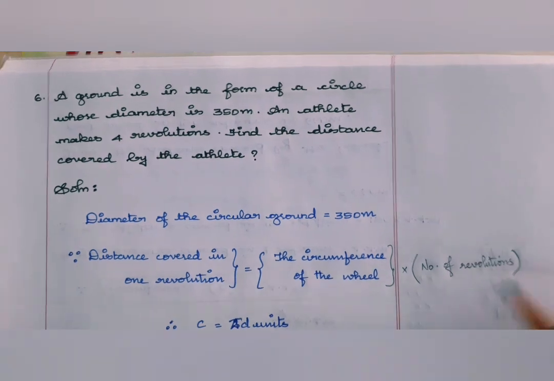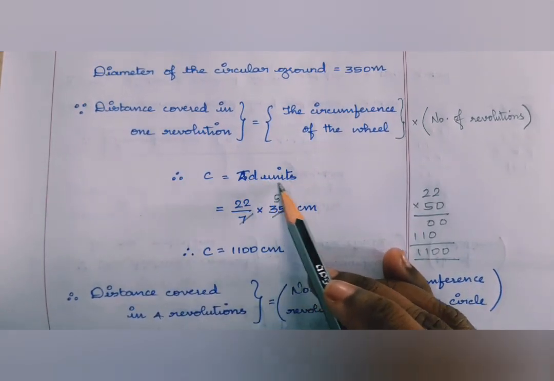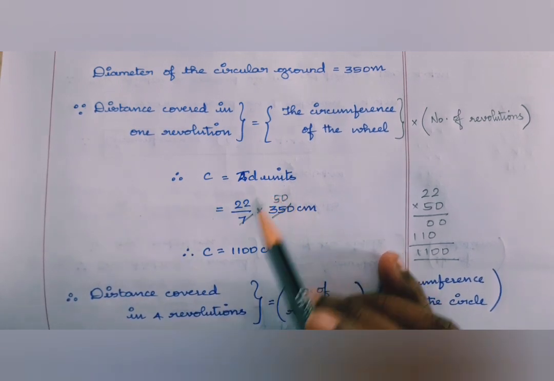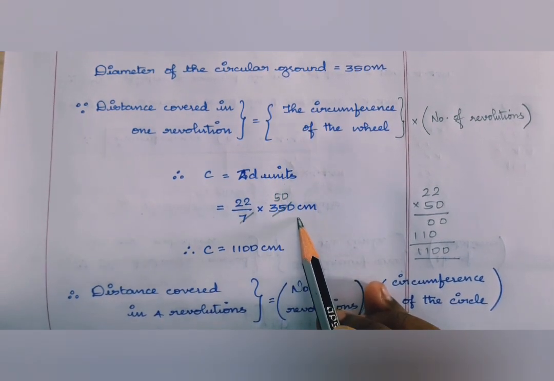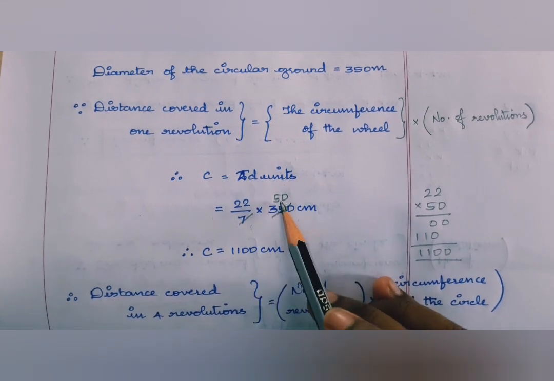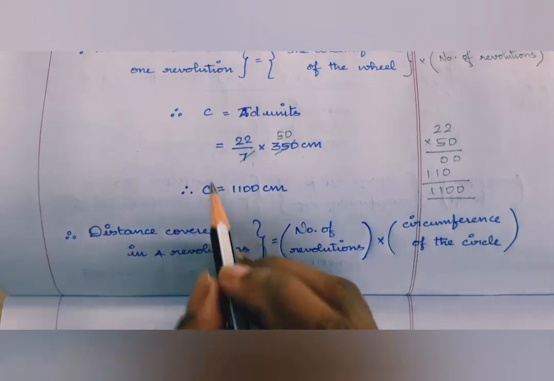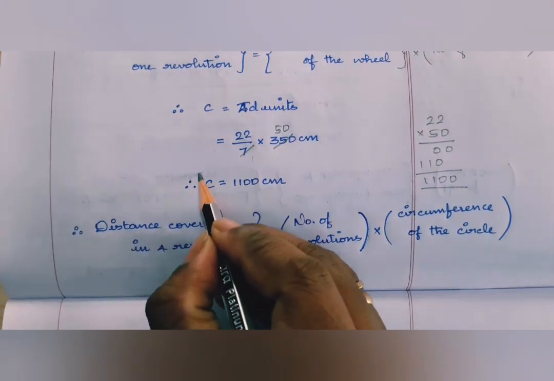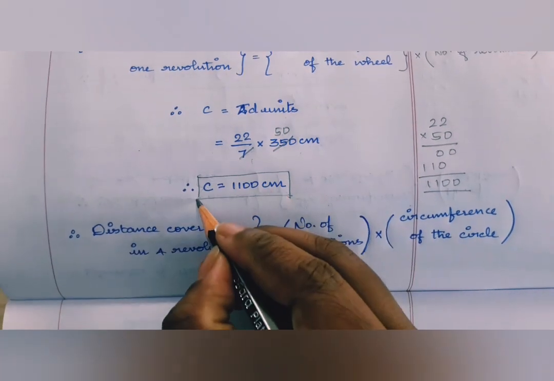Therefore, first we'll find the circumference of the circle. Circumference is equal to pi d units, since they have given the diameter, which is 22 by 7 into 350 centimeter. 1 7 is 7, 5 7s are 35, 0. Therefore, circumference is equal to 1100 centimeter. Clear?